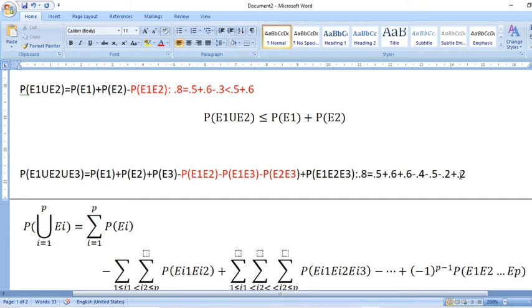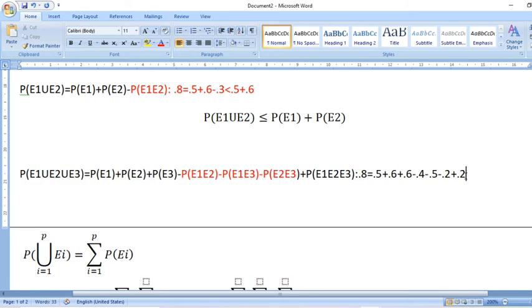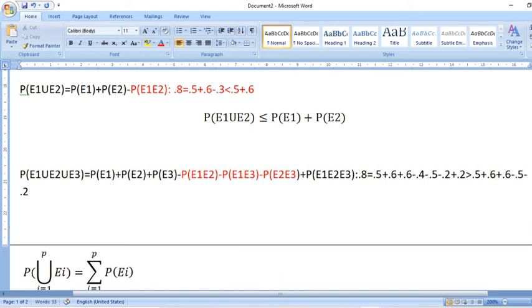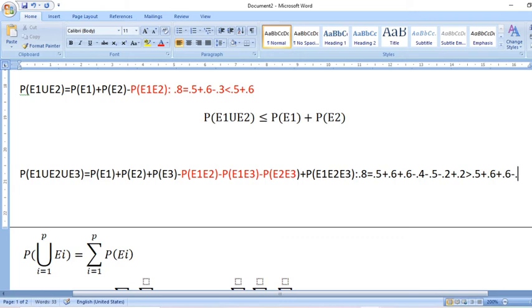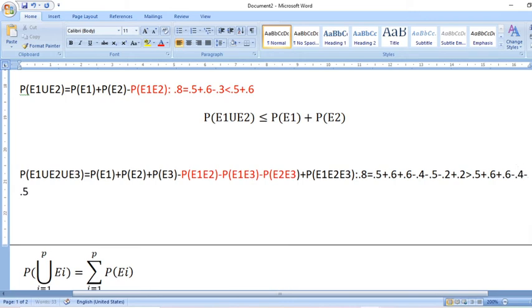Okay, so what is the situation? So this is actually 0.8. Suppose we remove this term. Okay, what happens? This is greater than 0.5 plus 0.6 plus 0.6 minus 0.5 minus 0.2 minus 0.4 minus 0.5 minus 0.2.